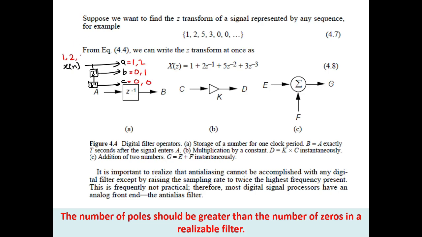Then what will we have? 5, 5, 2, 1. Then we'll have 3, 3, 5, 2. Then 0, 0, 3, 5, 0, 0, 0, 3. And again, if you start giving 0, you will get 0 at all the 3 nodes.